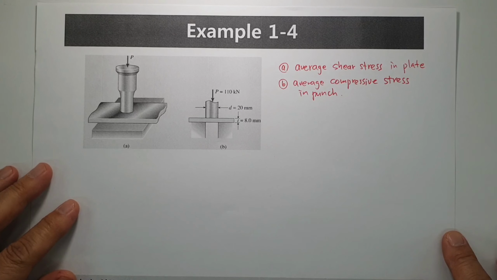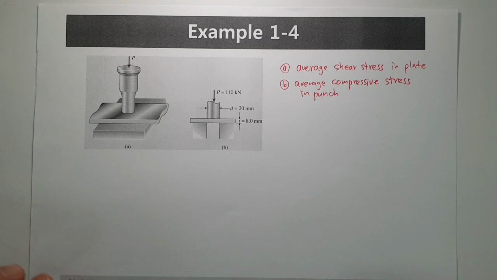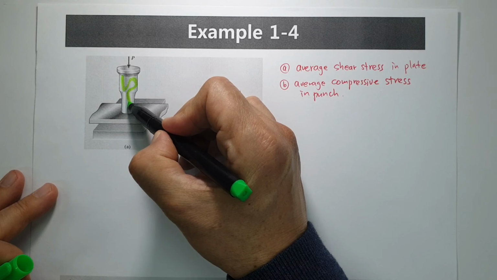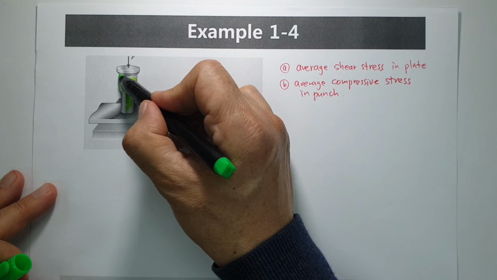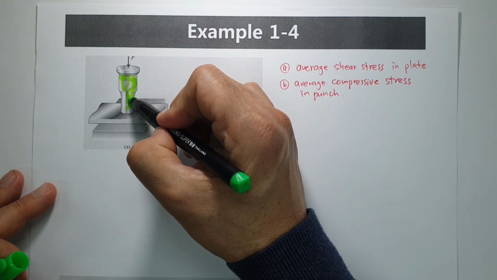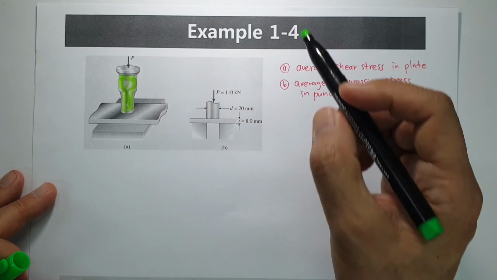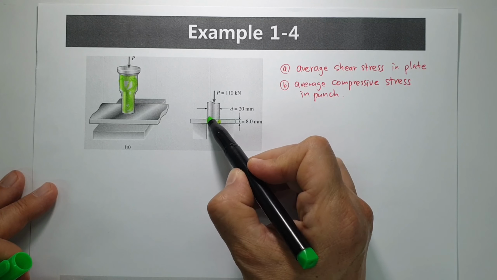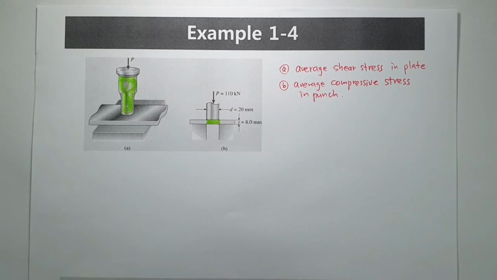In this example, we have a punch. This one is punch. Punch is given like that. You can make some kind of a hole there, or there, or there.